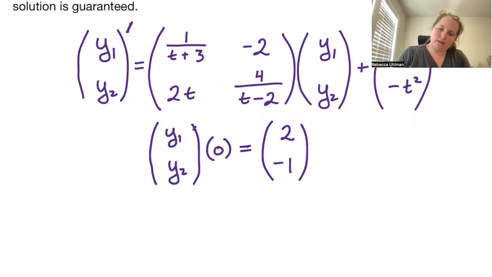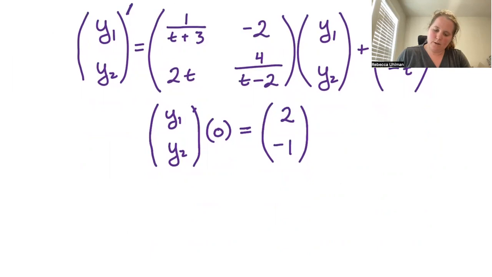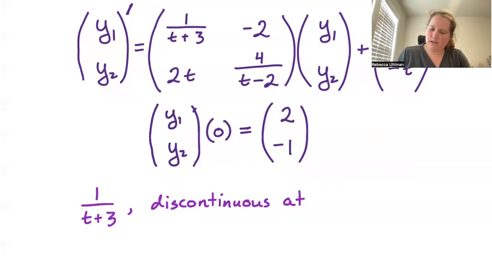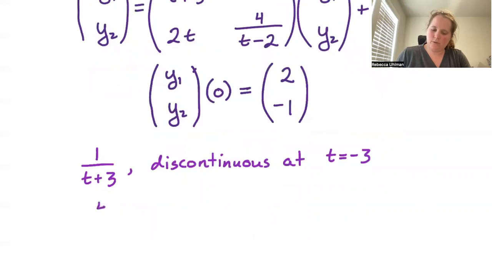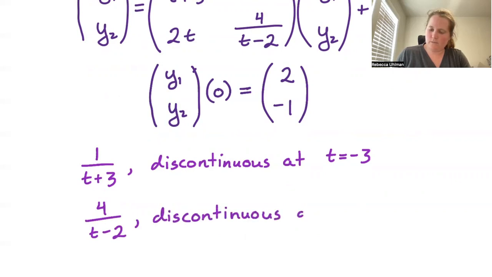So if we focus on our coefficient matrix, 1 over t plus 3 is discontinuous at t equals negative 3. 4 over t minus 2 is discontinuous at t equals 2.